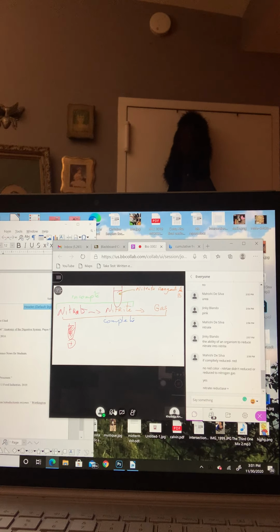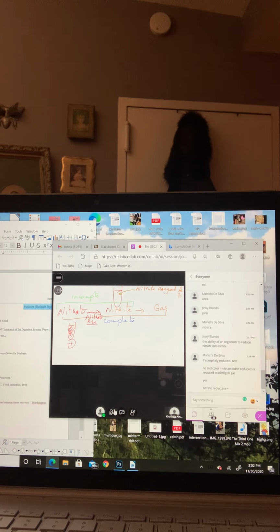The microorganisms use an enzyme, the nitrate reductase, in this first step. So the microorganism can produce the nitrate reductase, this enzyme, to reduce the nitrate to nitrite. So the tube turns red.